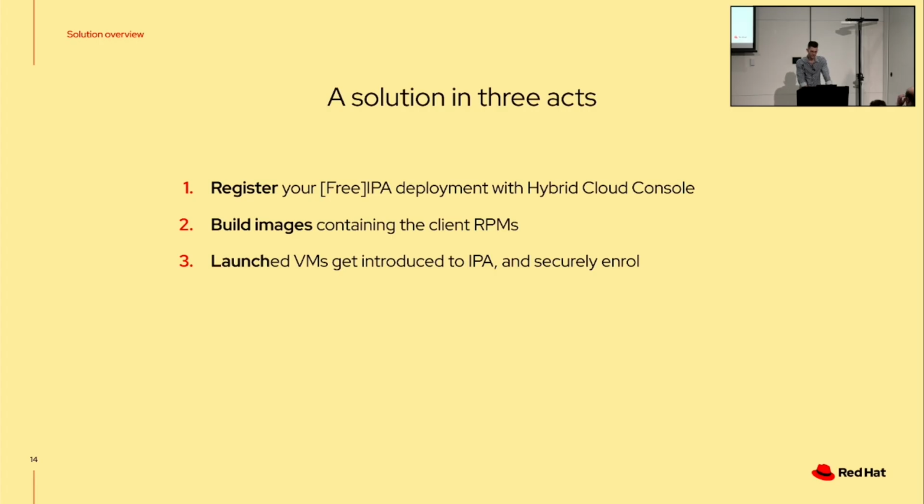The second phase is that the users will need to build images that contain the client packages that will enable the clients to join the IDM server. And finally, you launch those images, they become alive as virtual machines, and they get introduced to the IPA server via our hosted service and are able to securely enroll.